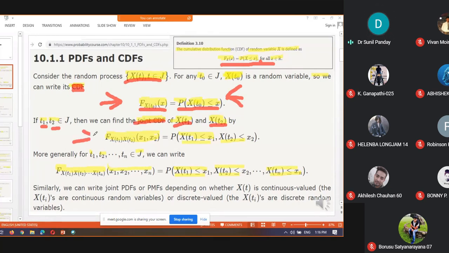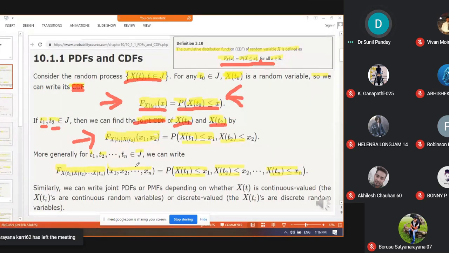Earlier it was F_XY(x, y), but here the random process is capital X(t), and for the specific time points t1 and t2 we have different variables, X(t1) and X(t2). Here x1 moves from minus infinity to plus infinity on the real line, and similarly x2 moves from minus infinity to plus infinity.